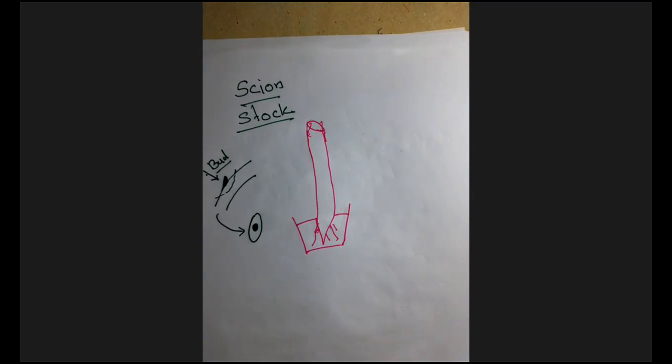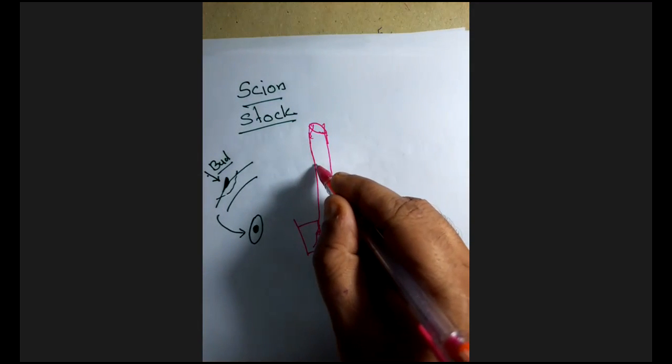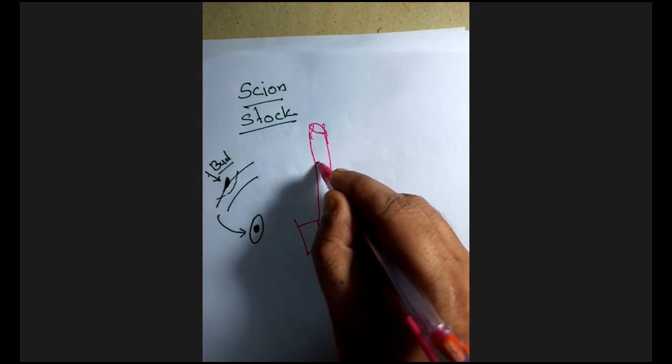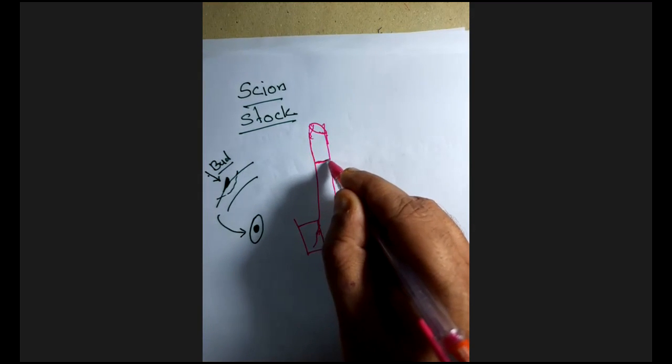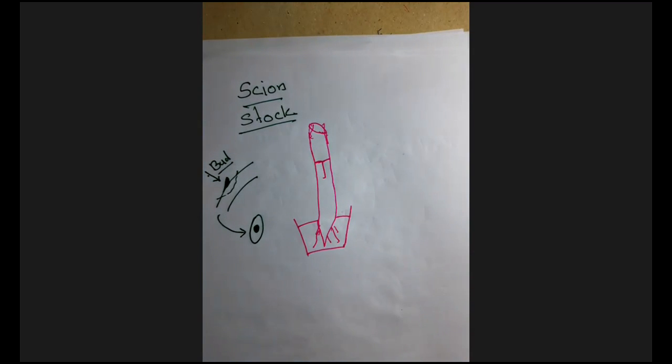Now what you do is, in this stem piece, you make a cut in this manner. This cut is called a T-cut.